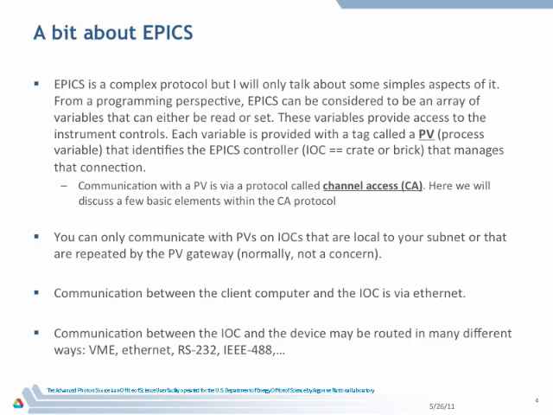So you can normally only communicate with these variables, which we call process variables or PVs, on an IOC that's local to your beamline, except that there are some IOCs that will either get from the ring to you or get outside of your beamline because they're repeated on a PV gateway.